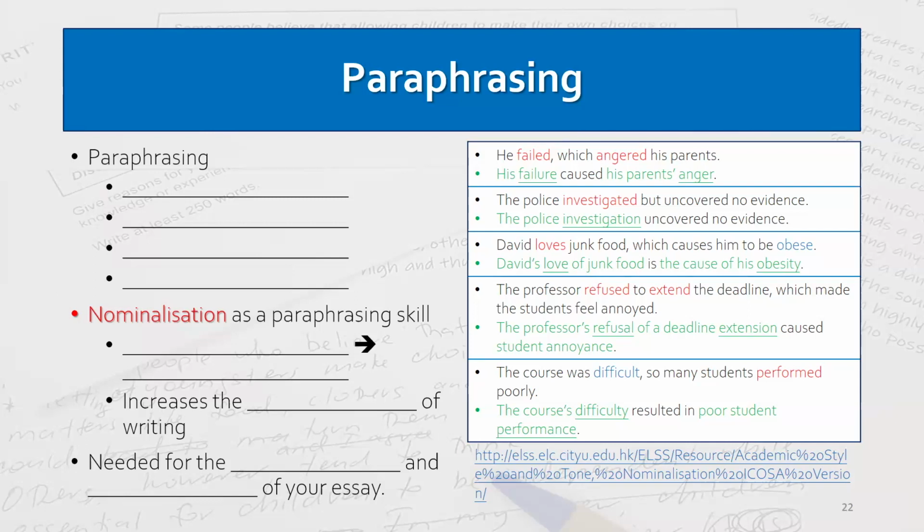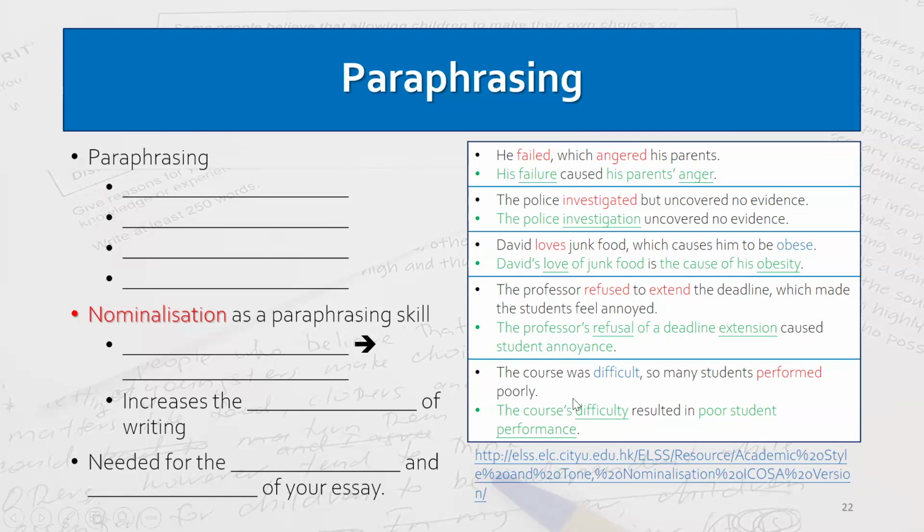As I've mentioned earlier in the workshop, paraphrasing is a very important skill that we need to master before our IELTS writing exam. So in the coming few minutes, may I just remind you of what we can do for paraphrasing.